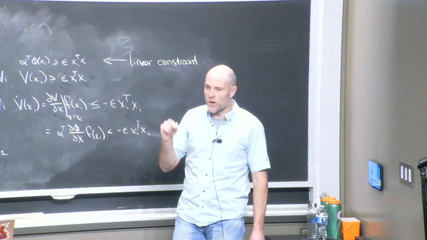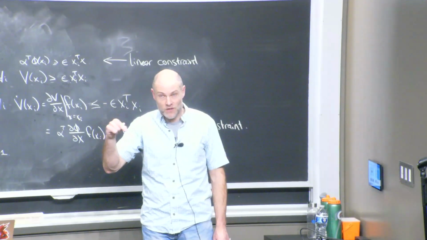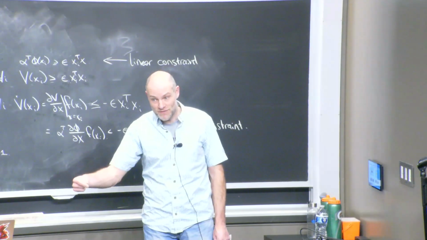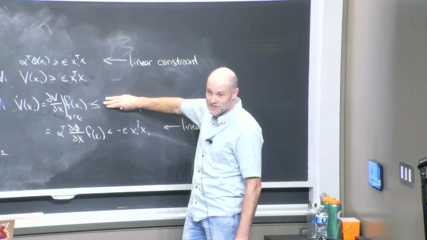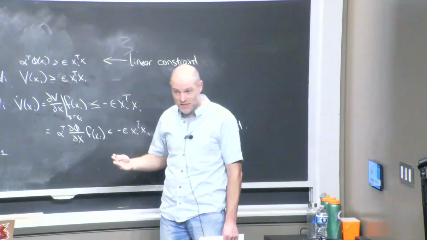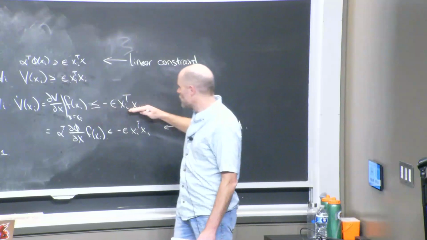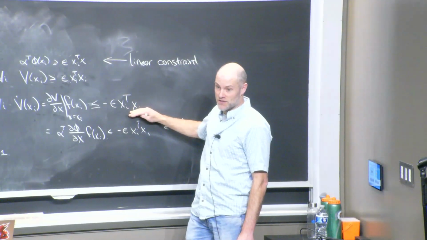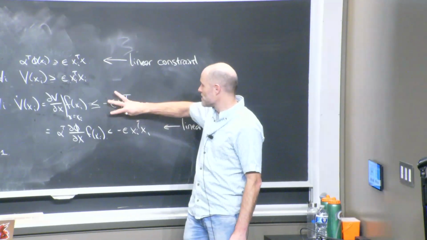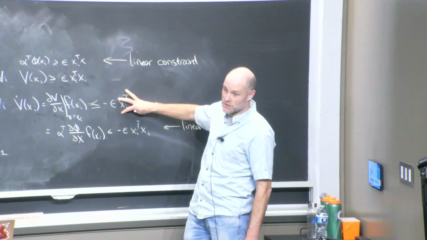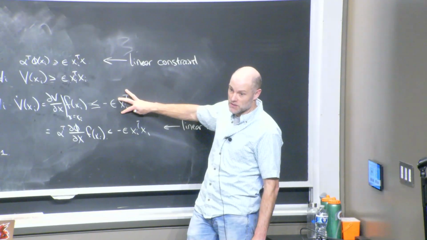So if you want stability in the sense of Lyapunov, then you have it with 0. If you want asymptotic stability, you want it to be going down. And if I would put the V over here, then I could get exponential stability. So think of this as a version that's giving me asymptotic stability instead of stability in the sense of Lyapunov.